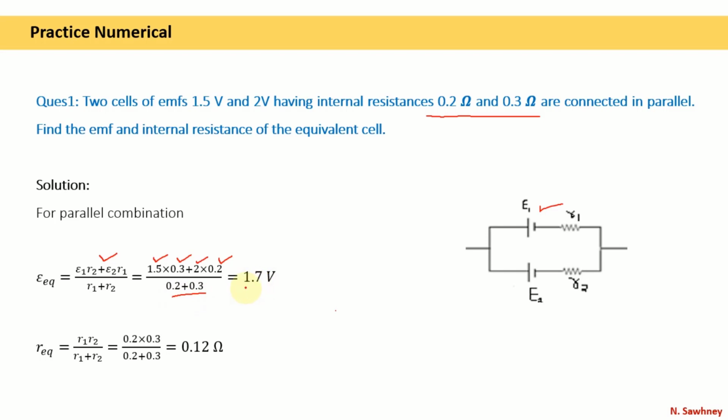So we will get the overall EMF as 1.7 volt. Now to calculate the equivalent resistance for the parallel combination, it will be R1 R2 upon R1 plus R2. Putting down all the values, we will get 0.12 ohm.